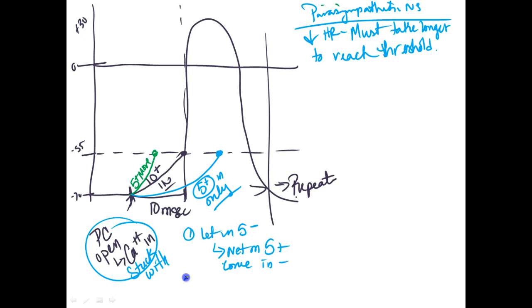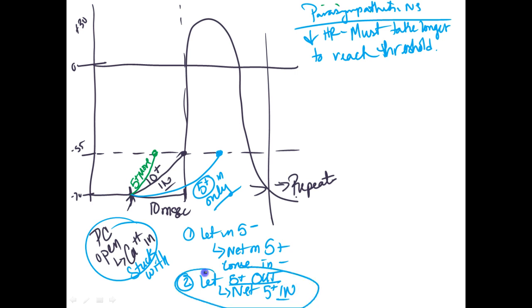There's another option, though. What if at the same time we let 10 in, we actually let 5 positives out? Again, with 10 coming in but 5 going out, same principle. We have a net 5 positives in, and we've again reached our goal.